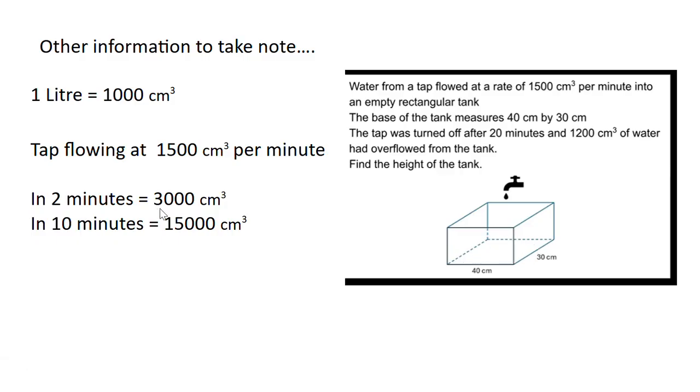If you turn on 2 minutes, it will be 3000 centimeter cube. Turn on 10 minutes, it is 15,000 centimeter cube. So that's simply what it means. Instead of telling you the volume of water inside, they give you a tap. So don't be confused, but simply know that that's how it works.